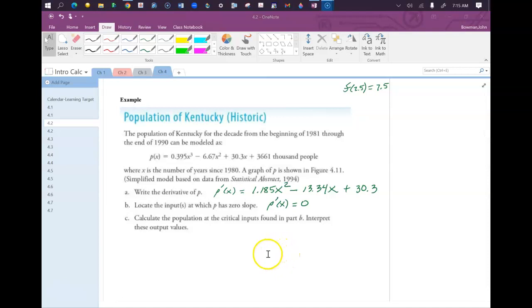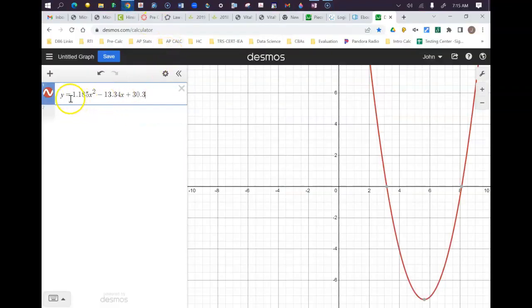So I am going to jump over to Desmos, and I already have that function p prime of x entered, and you can see that I've entered it as y is equal to the derivative of p of x, and you can see it's a parabola, and you can also see that it has locations where it is 0 at 3.156 and 8.101. So at those places, I know that the derivative of p of x is 0, which means that p of x has a slope or a rate of change of 0.